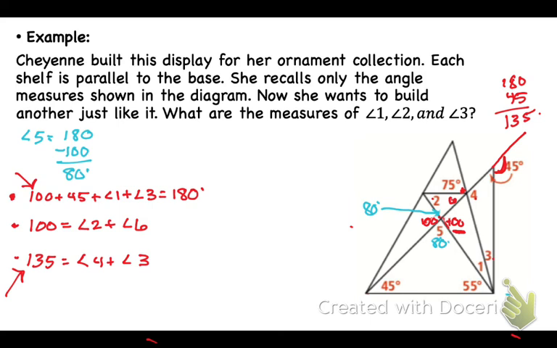Could I solve this for angle 4 and substitute it in here? Or, not angle 4, for angle 3 and substitute it in there? Maybe, but I don't know if that's going to get us anywhere. We found 80, right? I feel like we're just missing the big picture.